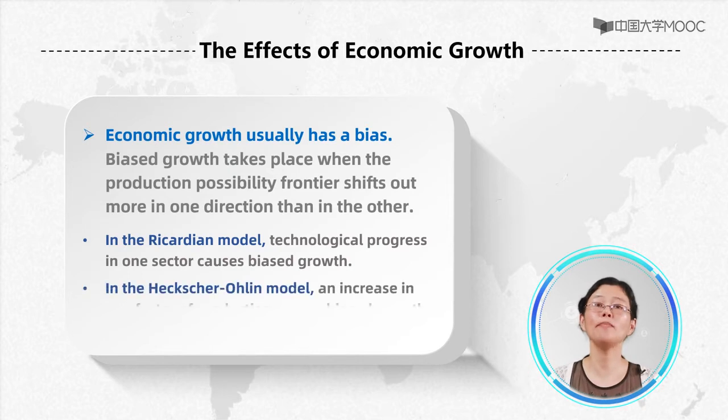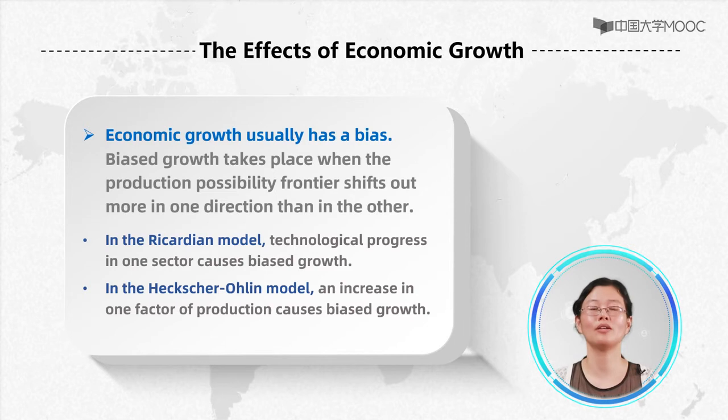In the Heckscher-Ohlin model, an increase in the capital stock will produce a biased expansion of production possibilities, and the goods which intensively use capital will be produced more than the other products.